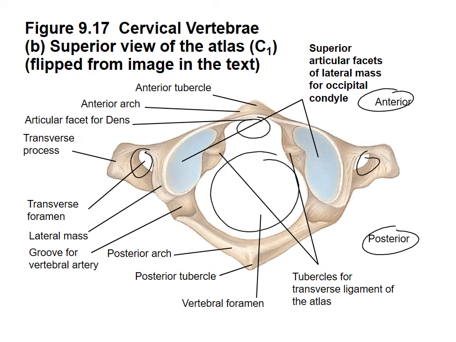This is the part where the dens would stick up through, because this is C1, so that's where the dens would fit. There's actually a ligament that goes across here. The dens isn't just flopping around in here. A ligament holds it in place and allows your C1 to rotate on C2 so your head can shake back and forth and say no. Next slide.